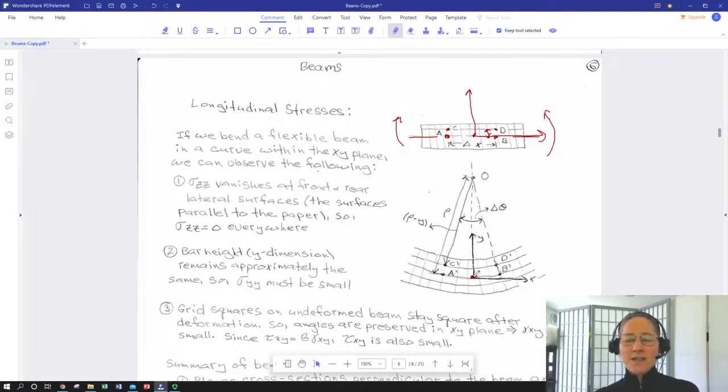So one thing we can take a look at is we can now define some radius of curvature at this point. We also know we haven't bent this beam into a circular arc, and because it's not a circular arc, presumably it kind of flattens out as we go on.